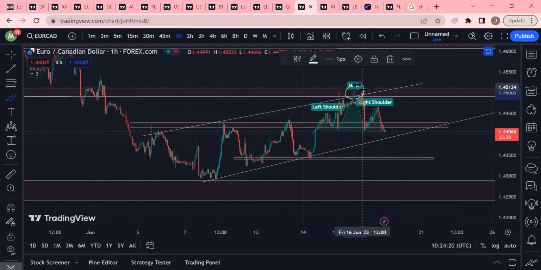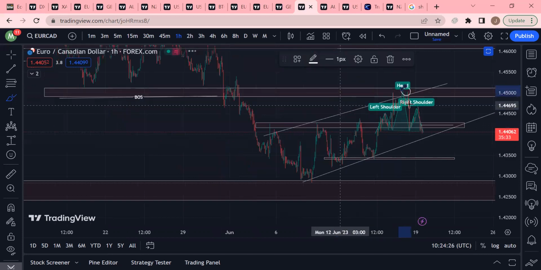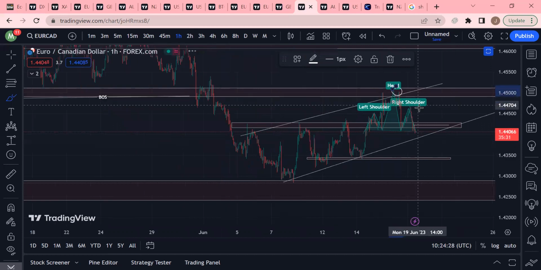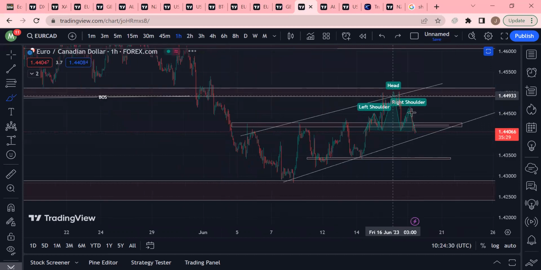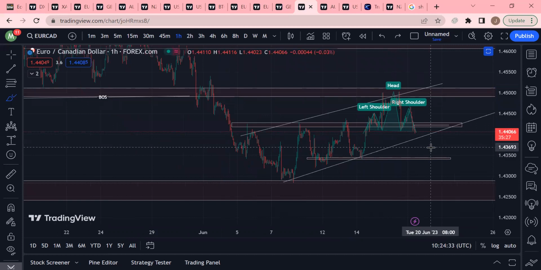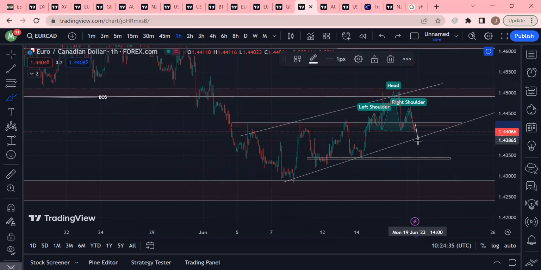The first confluence we have was the 4-hour support now turned resistance. Then we have the head and shoulders pattern, which is a reversal pattern to the downside, and we are breaking to the downside right now.